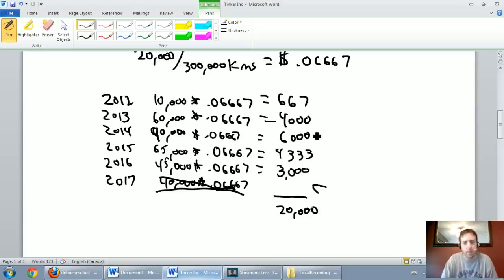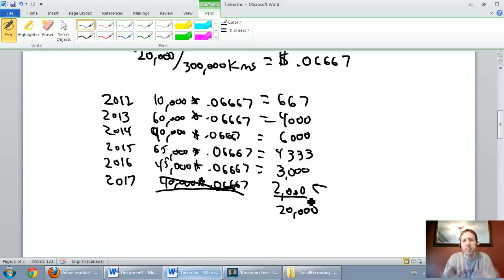So when I add this up, if I want to figure out the number here, I take 20,000 and I deduct the other 5 years of amortization. I'm just eyeballing, I think I did it in my head, but I better make sure. 20,000 minus 667 minus 4,000 minus 6,000 minus 4,333 minus 3,000, and sure enough I do get a plug number here of $2,000.